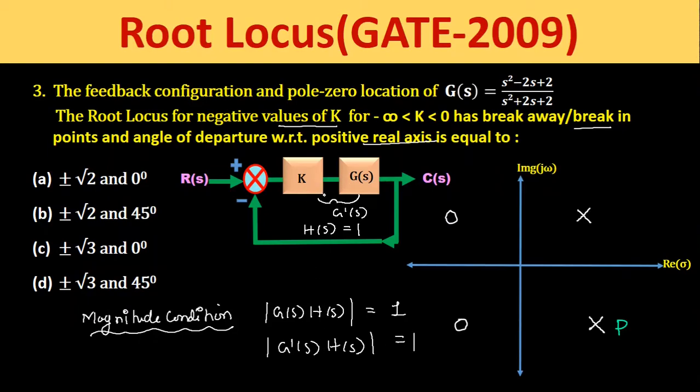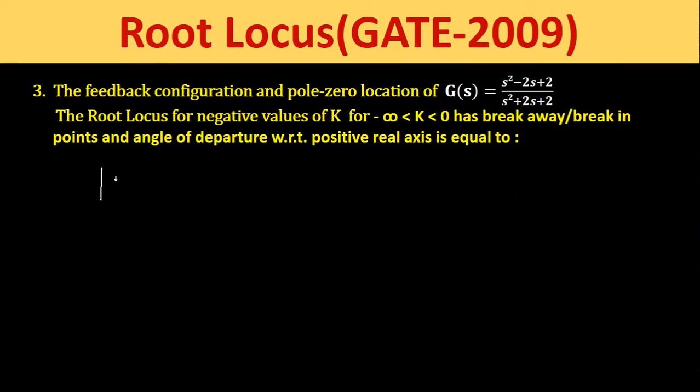Now from here we can see that G'(s) is equal to K into G(s) and H(s) is equal to 1. So here we will get |K G(s) · 1| = 1. Now we will put the G(s) equation from here. So we will get |K (s² - 2s + 2)/(s² + 2s + 2) · 1| = 1.